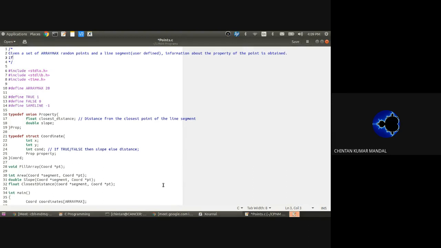If the point lies on either side of the line segment, the slope of the point with respect to the line segment is kept.